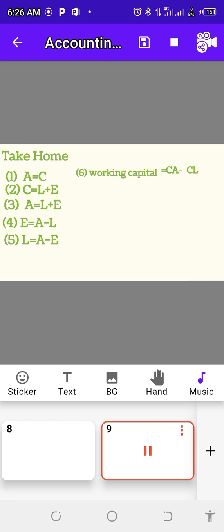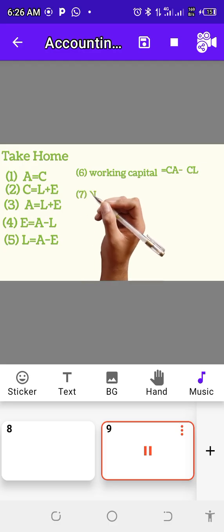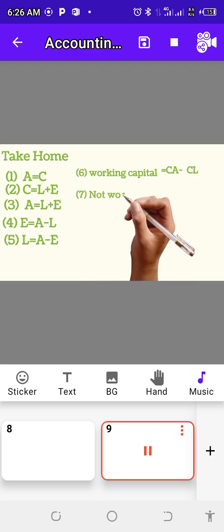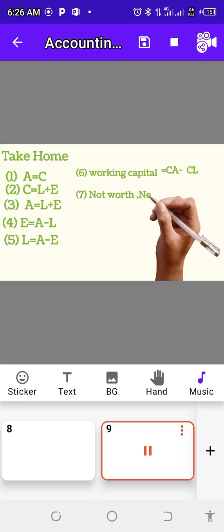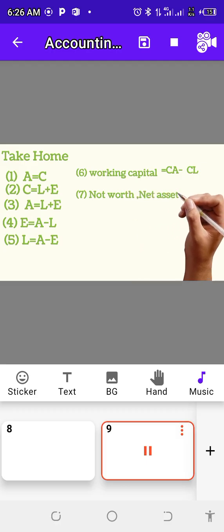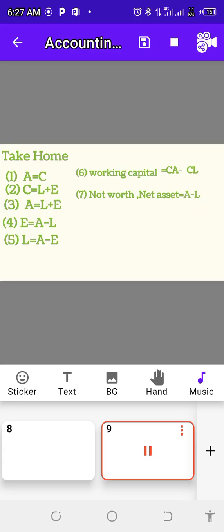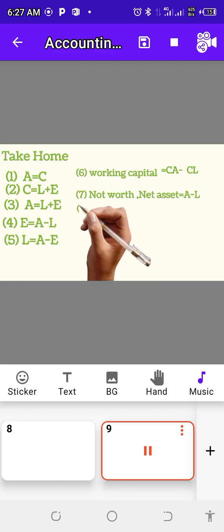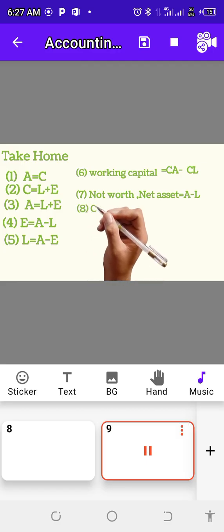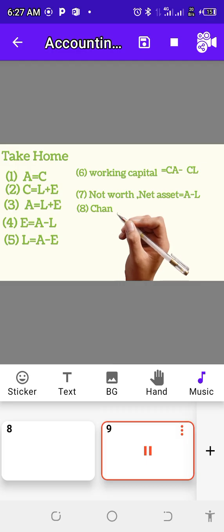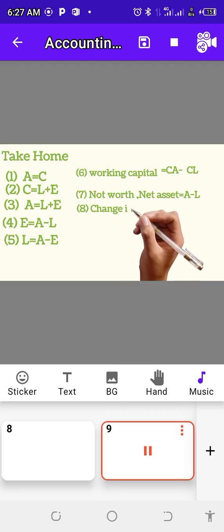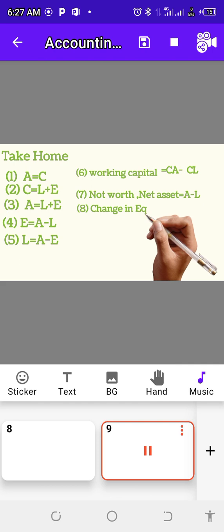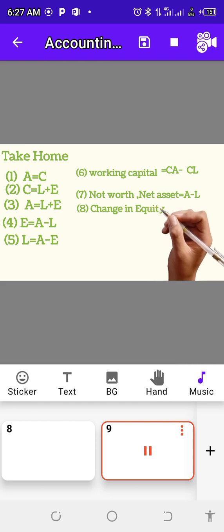The net worth is total asset minus total liability. You may also be asked to calculate the change in equity, where there is an increase or decrease in equity, or the retained profit or retained earnings.